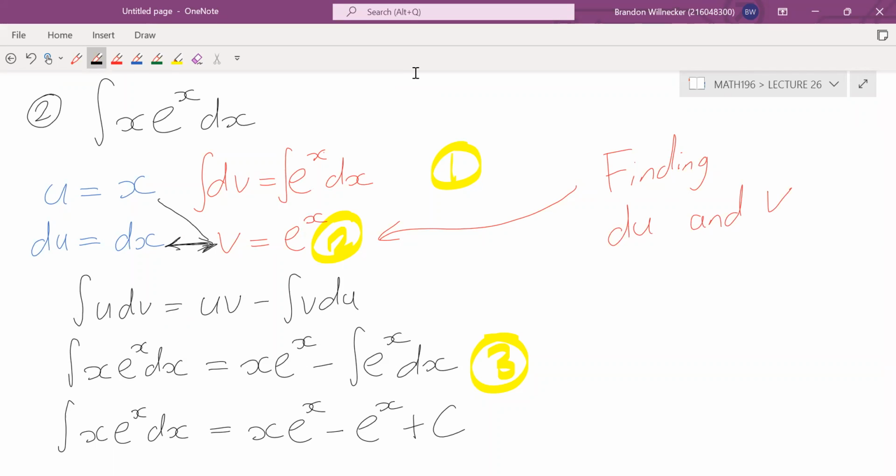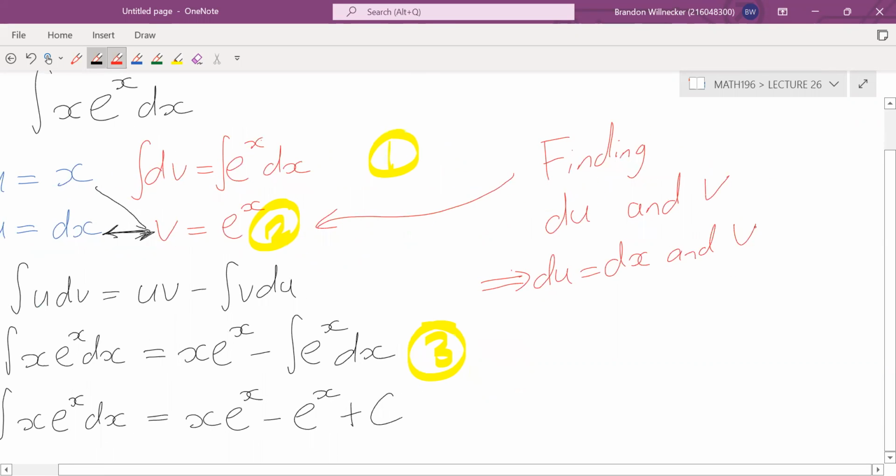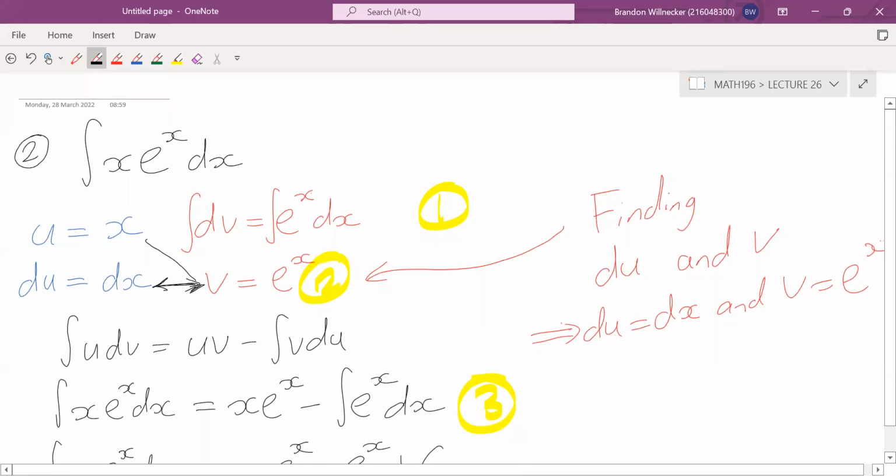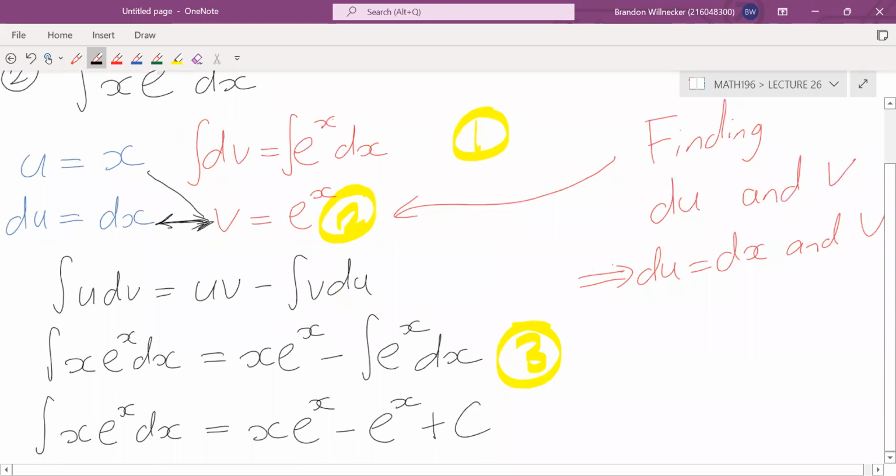We need to differentiate the first one and integrate the second. So the derivative of u, we find that. The integral of dv, we find that. Okay, so this gives us du is equal to dx, and v is equal to e to the x. Okay, next we take these two and we substitute that into our formula.